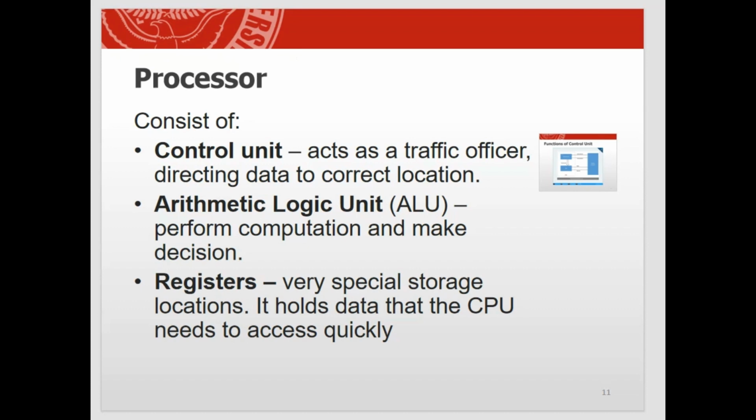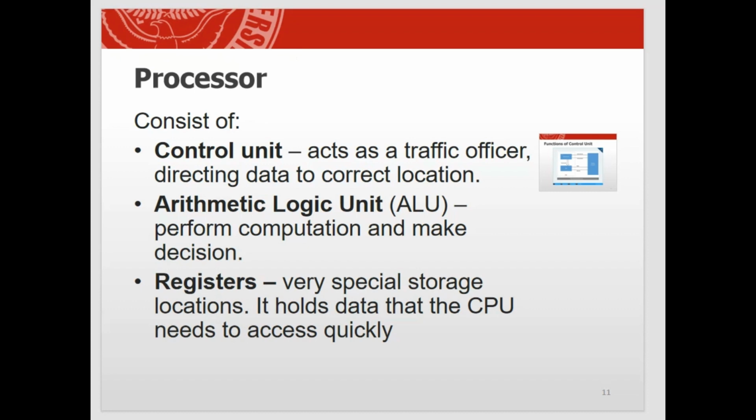So some computers actually have two ALUs to process two calculations simultaneously. Ito yung tinatawag natin na dual core technology. So kapag dual core, may dalawang ALU. Ibig sabihin, it can process two calculations simultaneously. And then the ALU also contains several special storage units called the registers.